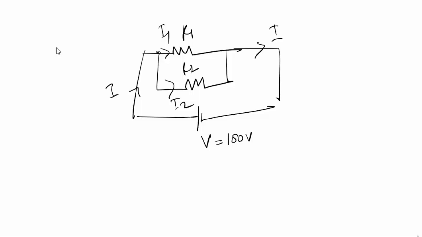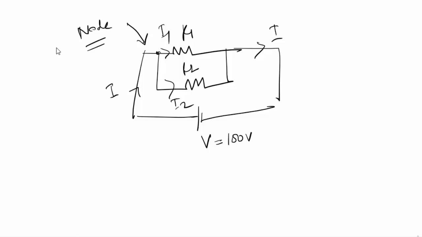So taking a simple example of a circuit, this is V equal to 100 volts, this is R1, this is R2, this is I, and this is I1, this is I2, and if I take this as I, then this is what is called a node of my circuit.